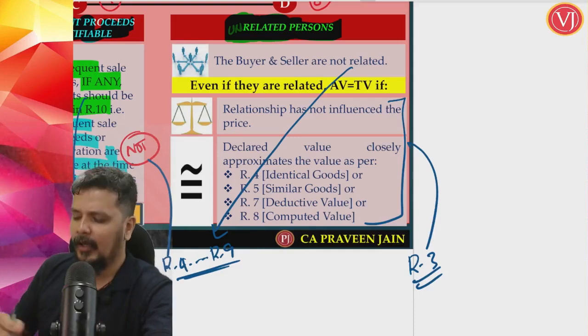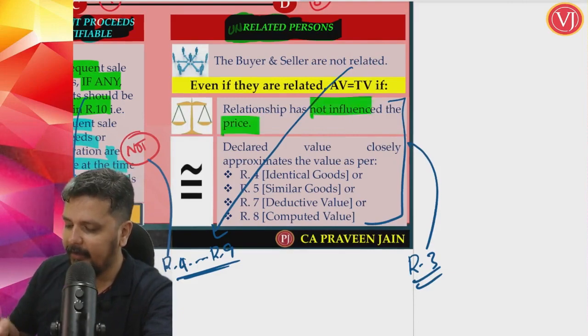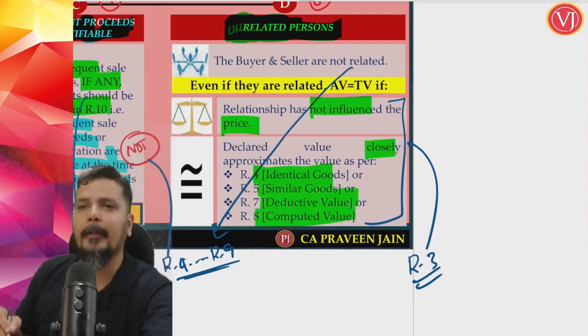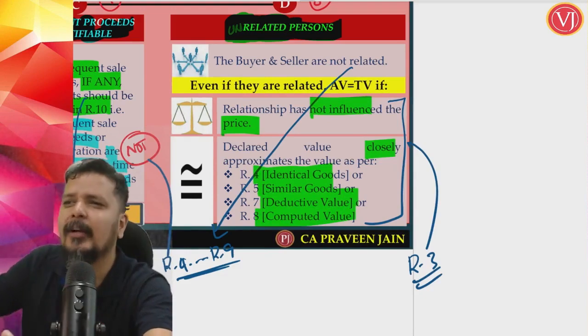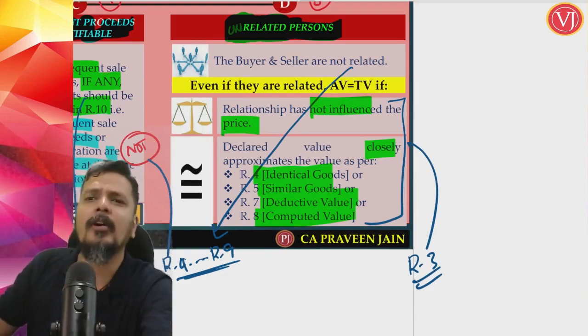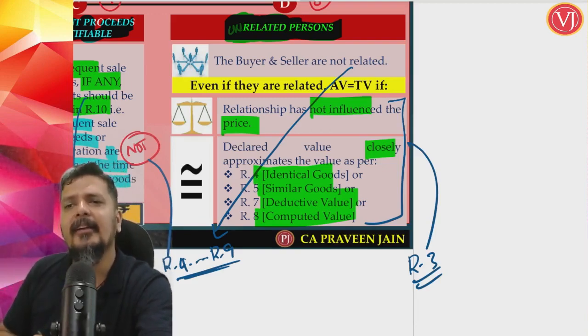If you prove that relationship has not influenced the price, your declared value is closely equal to identical goods value or similar goods value or deductive value or computed value. All the different valuation rules. It is closely equal to the valuation rules which will come later on. Then don't go to later rules. Be in rule 3.